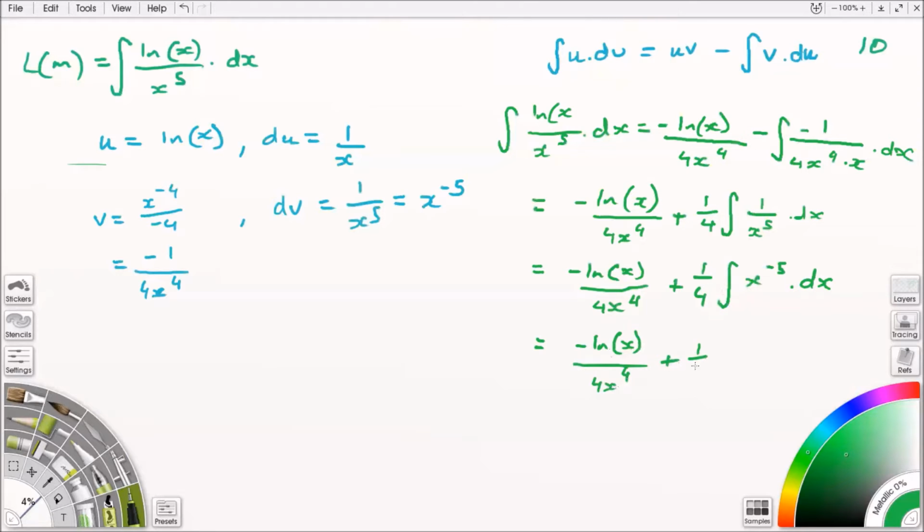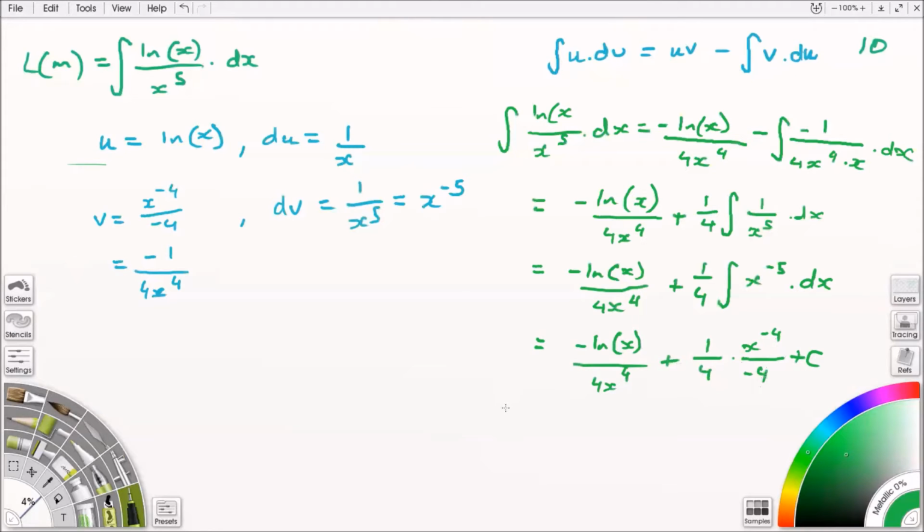So we're integrating, and I'm going to do this in baby steps. So x to the negative 4 over negative 4, plus c.